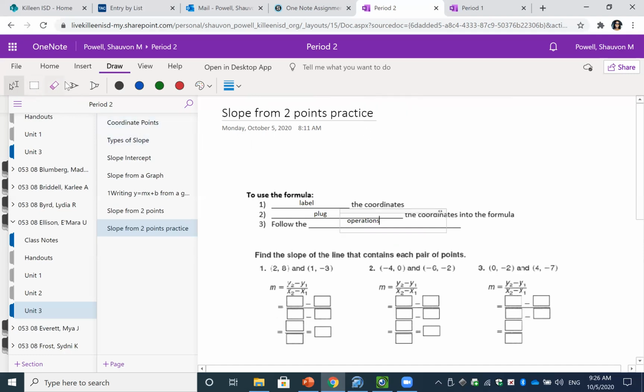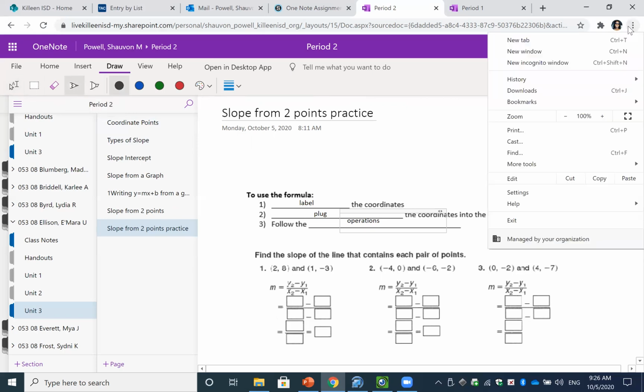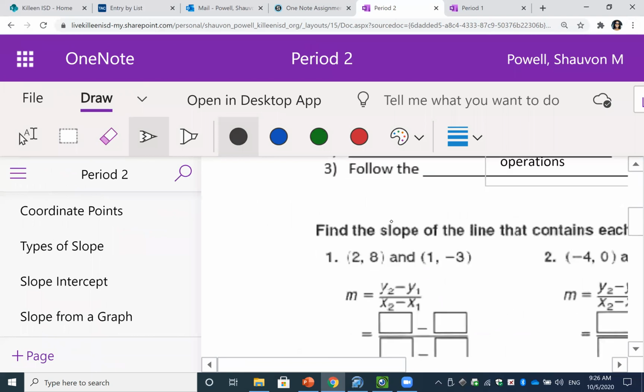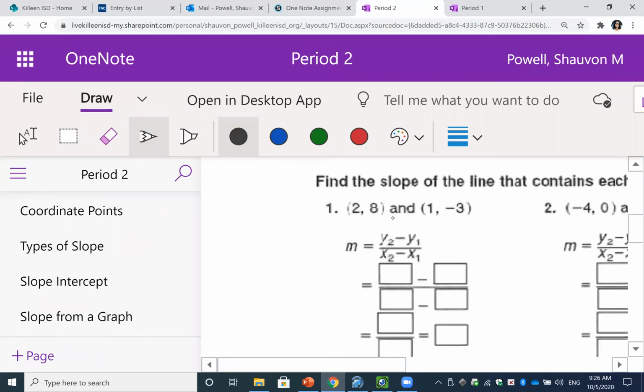Okay, so to do our work, first thing is if you're on a device, it is so much easier to write in this thing when you zoom in and out. It just makes it a little easier for you. So I'm going to start off by labeling my points. This is going to be my X1.